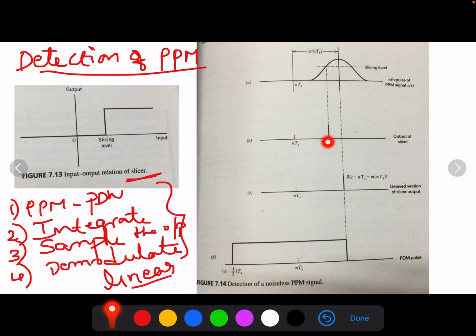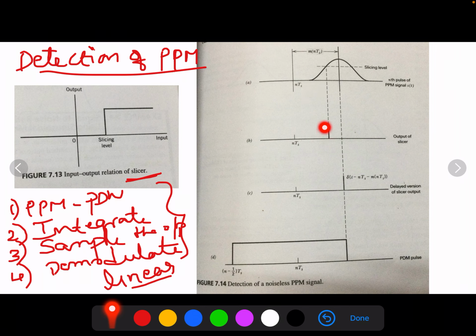The output of this slicer is differentiated and then half wave rectified, which yields a very short pulse each time the amplitude of a pulse in the received PPM wave passes through the slicing level. This diagram shows the nth pulse of the PPM.